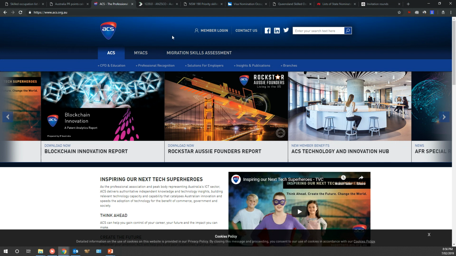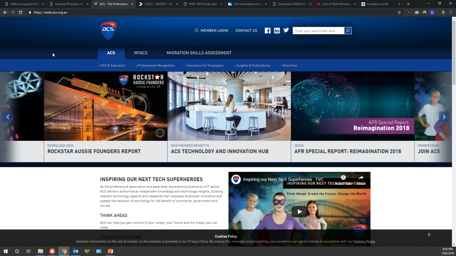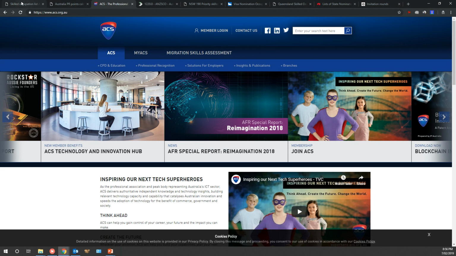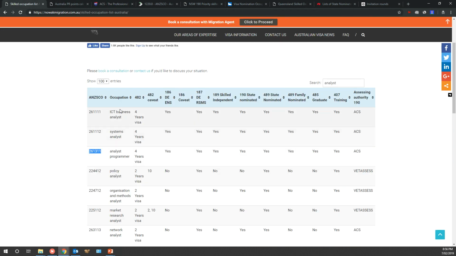Remember that. Quite often people are claiming too many years and then they are not able to prove all of these years of work experience. So yeah, first of all, occupation, check for which visas you might be eligible, whether 189, 190, 489.